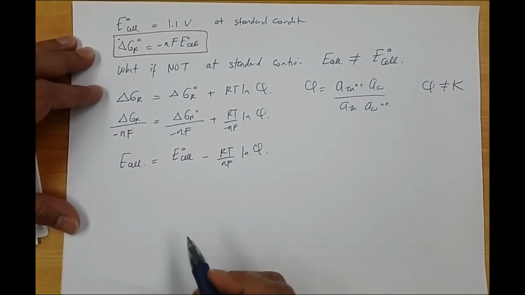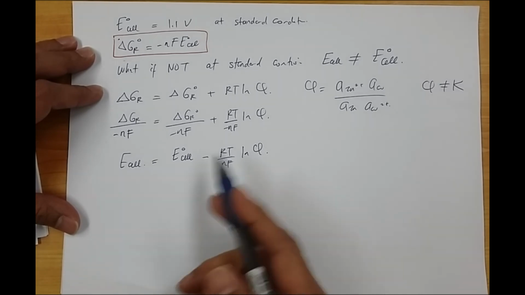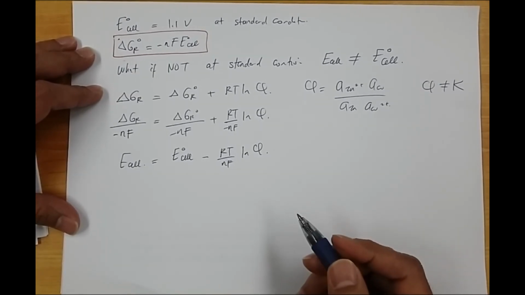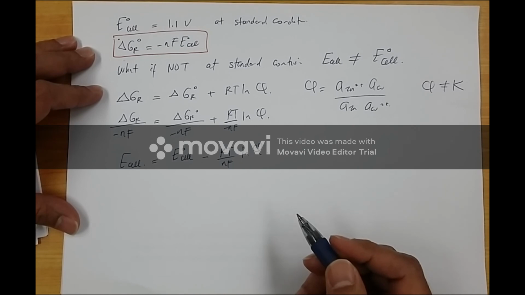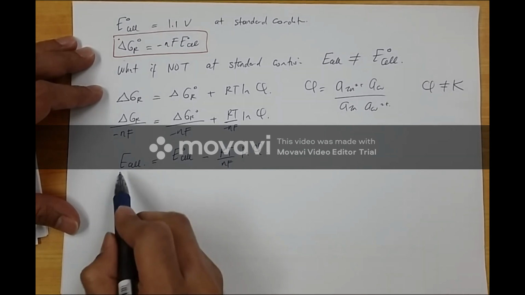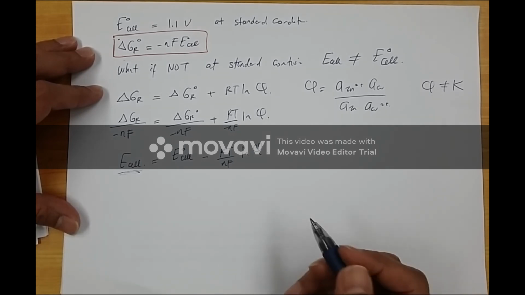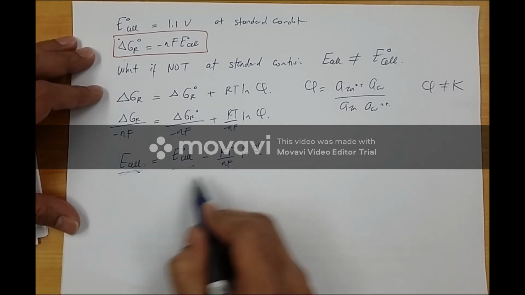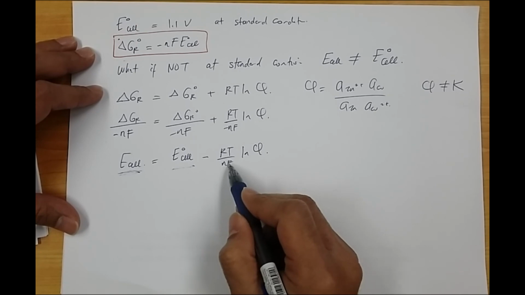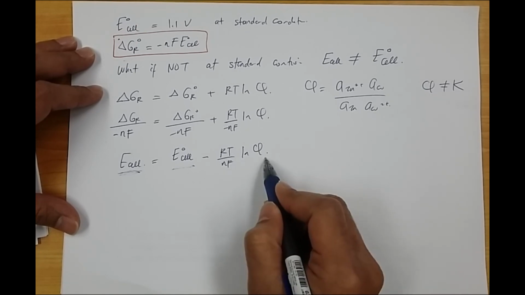So this tells me that if I'm not at standard condition, then the E of the cell that I will read from my voltmeter will be a function of the E naught of the cell minus RT over NF times ln Q, right?